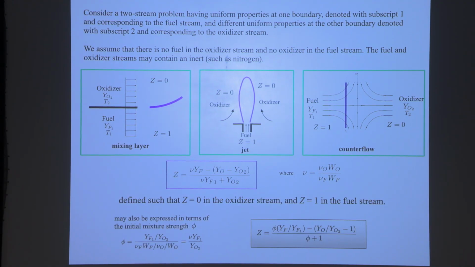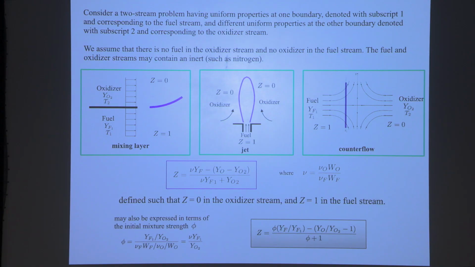Okay, so now how does this work? First, I also want to indicate that I can rewrite this in terms of what I refer to as the mixture strength, and I denoted it by phi. The mixture strength was the amount of fuel here and the amount of oxidizer here divided by the stoichiometric proportion of this fuel and oxidizer. So it's not an equivalence ratio because they are two separated streams, but some kind of measure of lean-rich system.